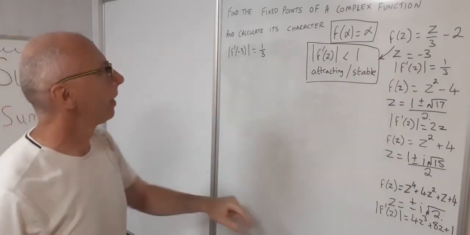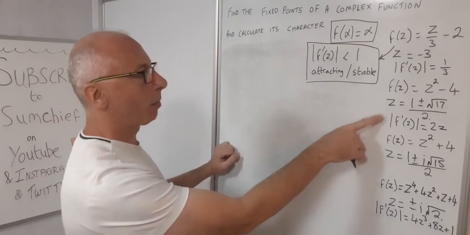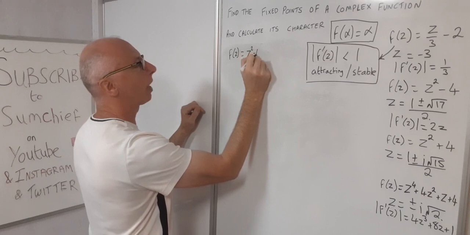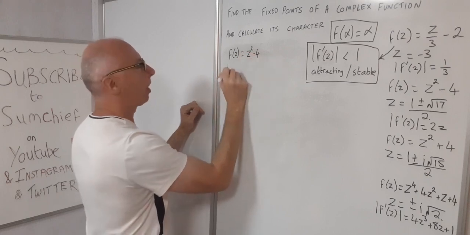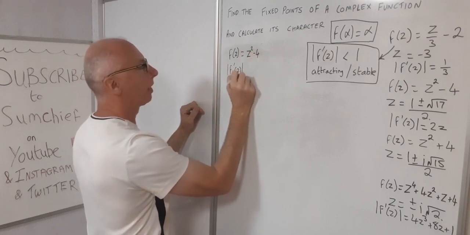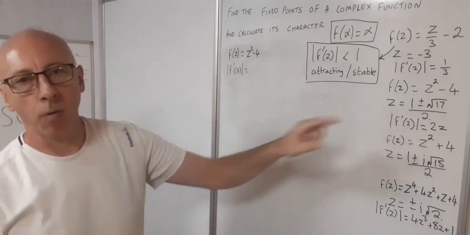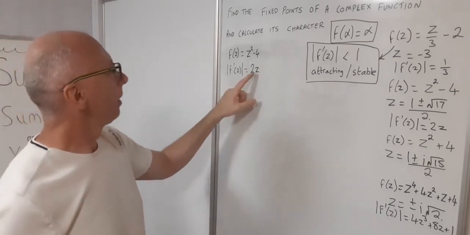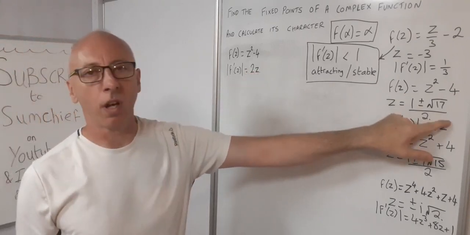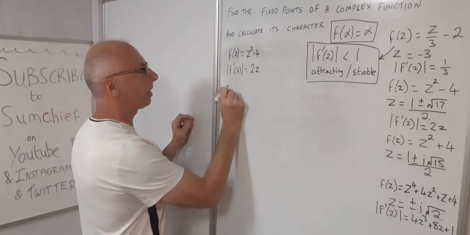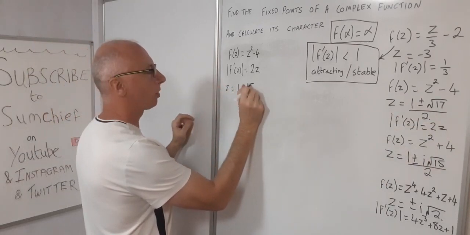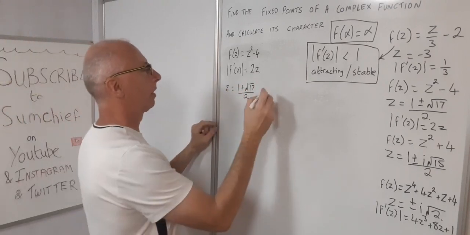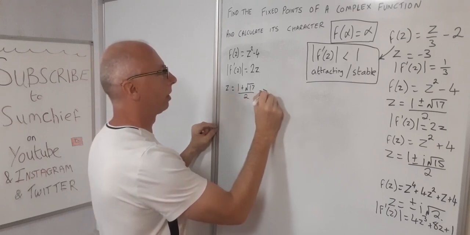Okay, what about this one here? Okay, let's have a look at this one. So we've got our f of z equals z squared minus 4, and we've got our f prime of z. That's what we're interested in. That one is 2z. So for 2z, we plug in the values of our fixed point. So for z equals 1 plus square root of 17 over 2, plug that in there.